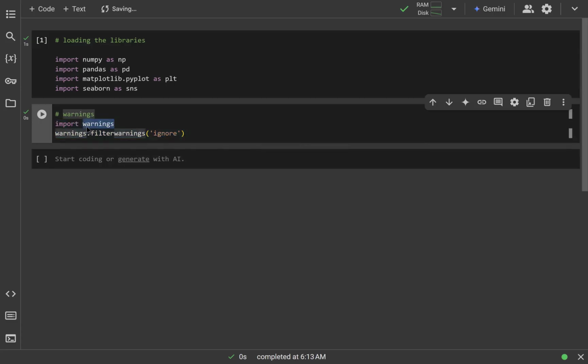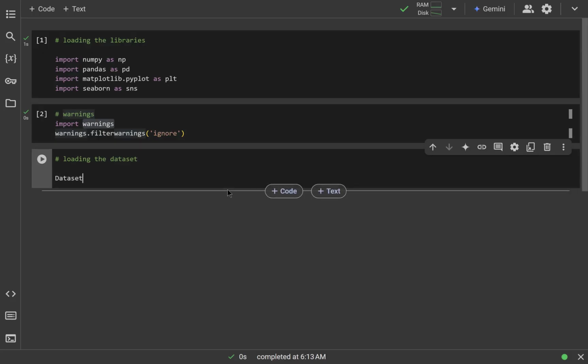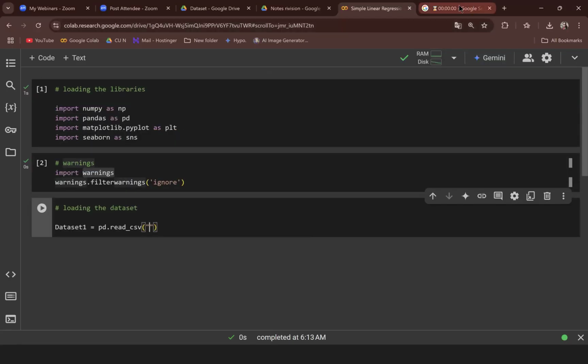I used the warnings library. Now we will load our dataset. Why is this important?